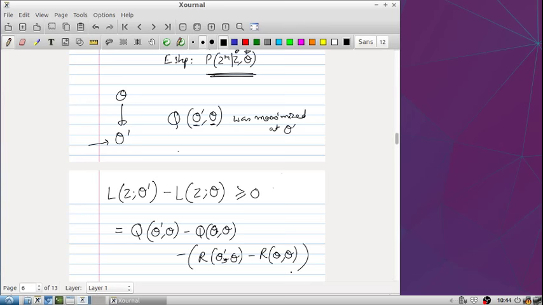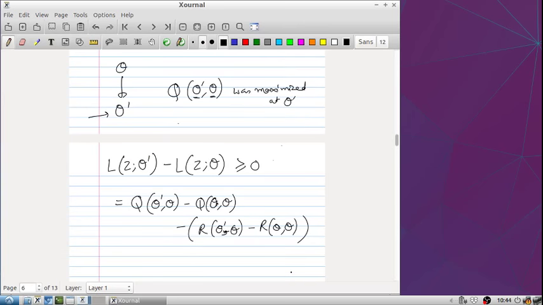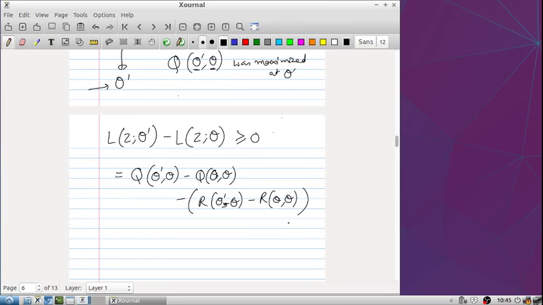It seems a little laborious, but I'm just trying to justify why EM works in general. And at this point, I want to say that since q was maximized at theta prime, this is a function of theta prime, and this is maximized at theta prime. That means that this is going to be greater than any other value that's substituted in the first argument. Because for the q function, we are maximizing over the first argument, and theta prime was the point where q was maximized.